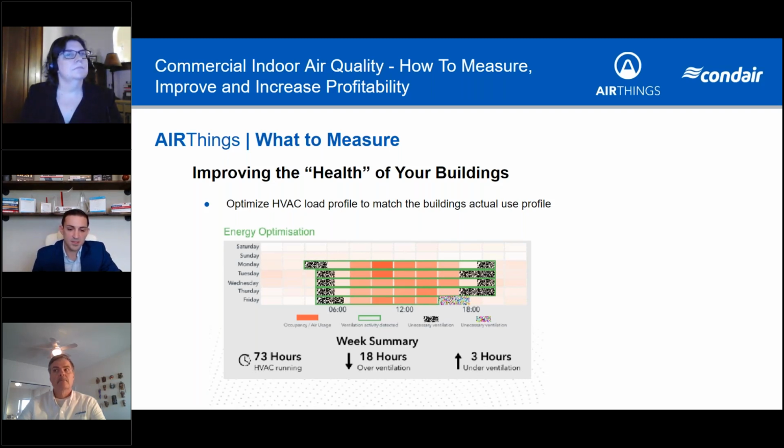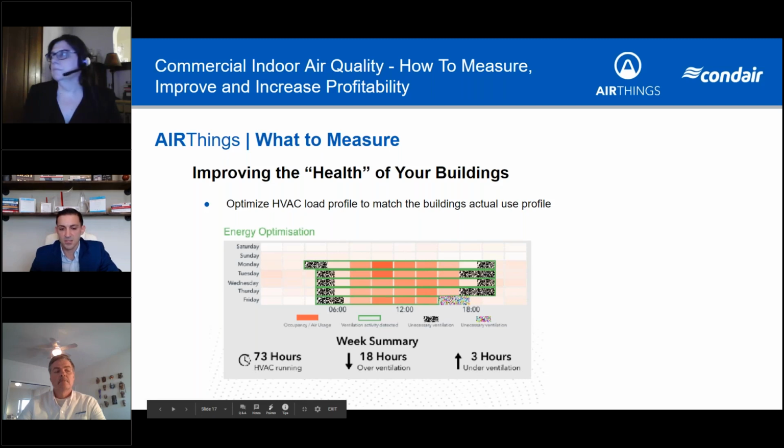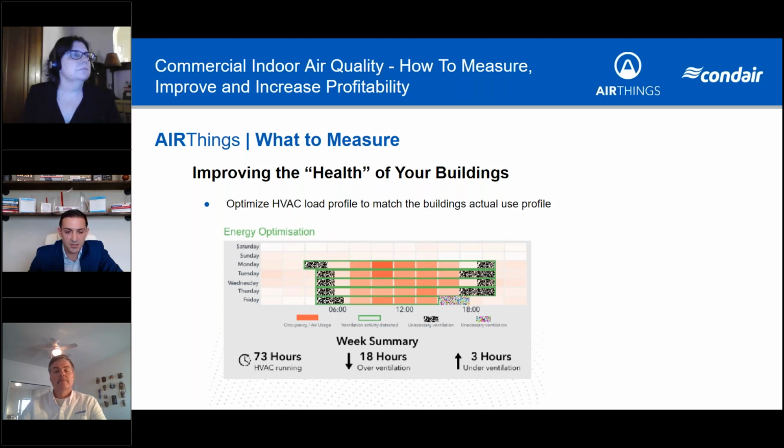One of the problems with this is, after commissioning, that building load profile and the way that building is used is going to change very much over time. So without a monitoring solution, you have no idea what it's going to look like a year from now, much less 5 or 10 years. In this quick building example, we were able to identify 18 hours of overventilation because it was very effective at getting to the proper conditions.